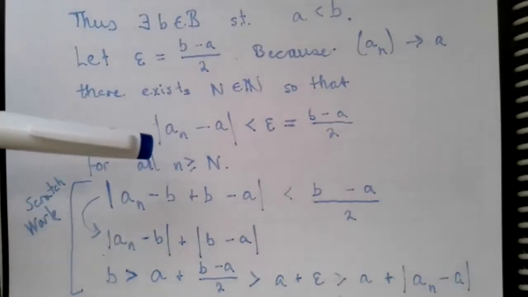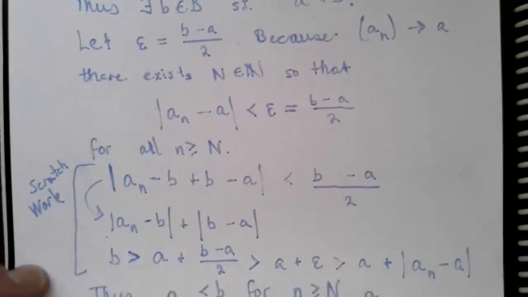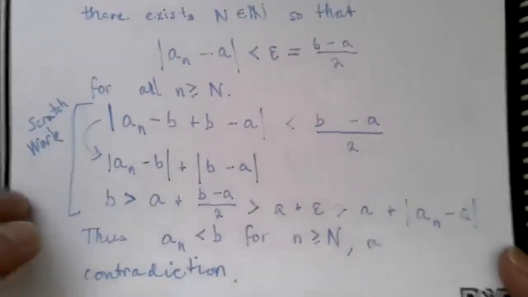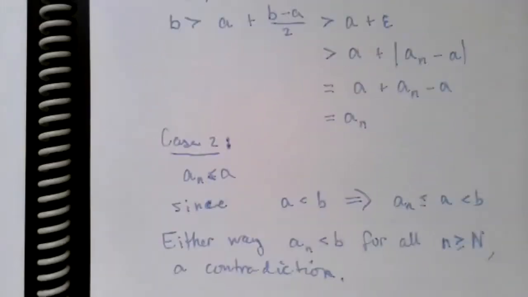That was to just get us closer to a than we were to little b, so that we could be sure to be less than. Got some scratch calculations over here that eventually led us to this.